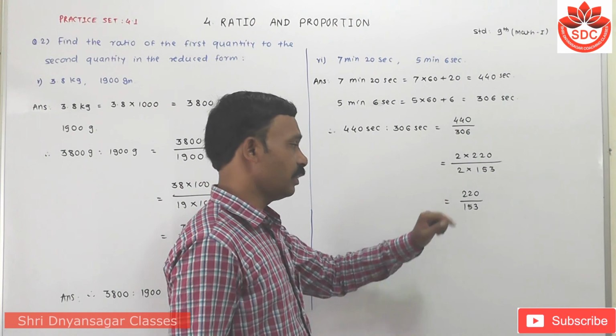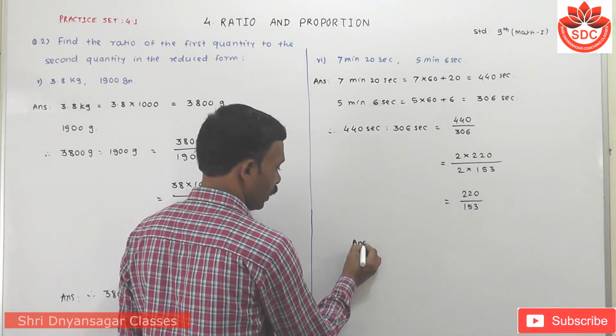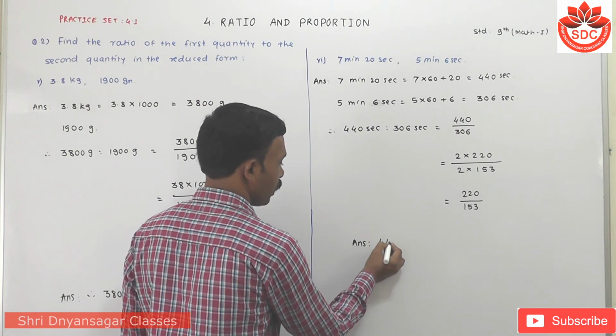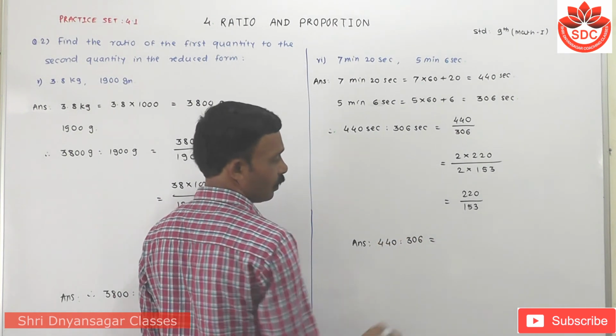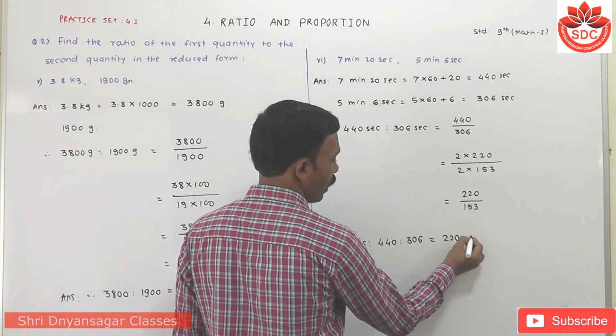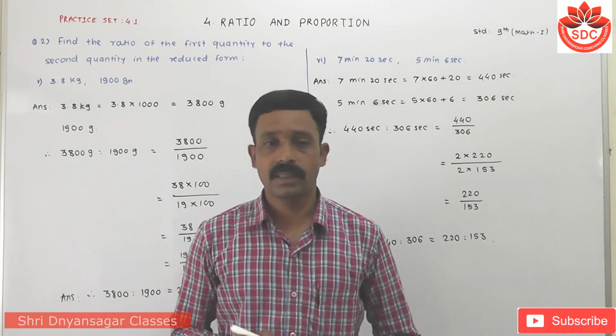Student, we cannot divide this, this is a prime number, so this is our ratio. So the answer in full sentence: 440 seconds to 306 seconds is equal to 220 as to 153. Can you understand this? Thank you very much.